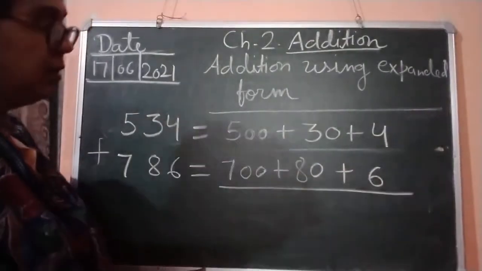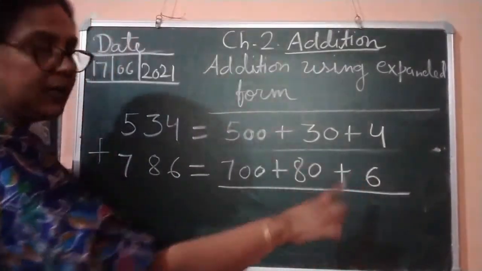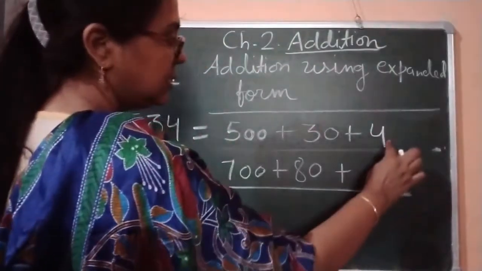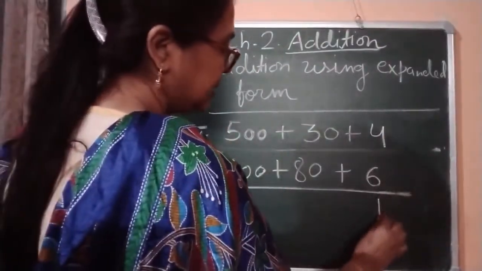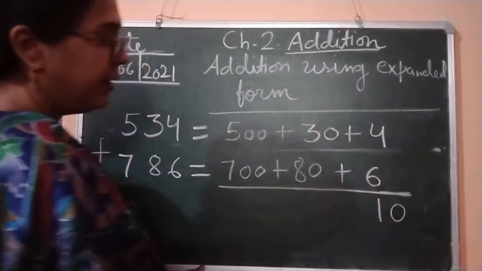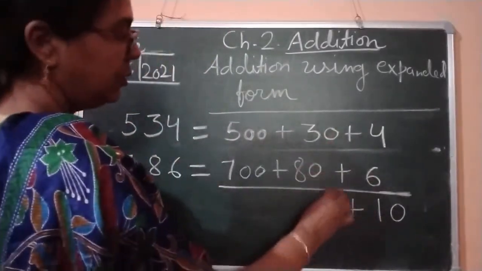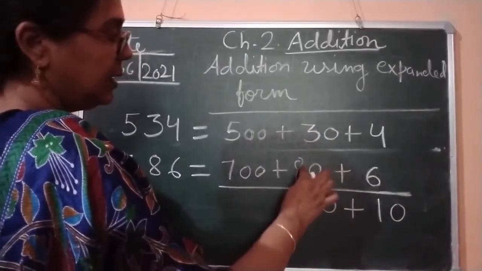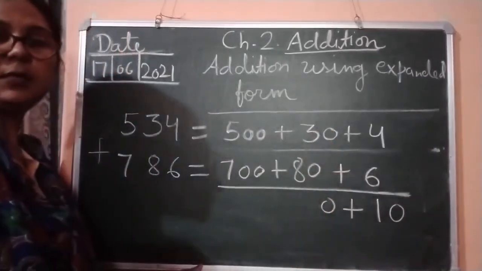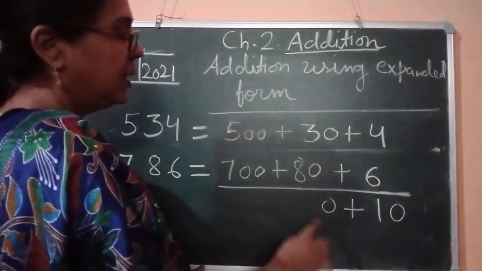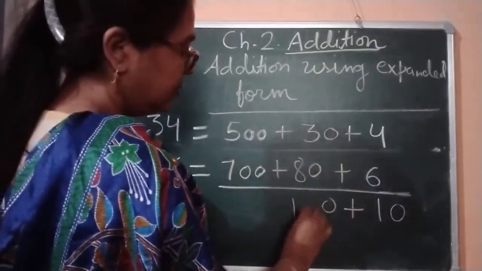First of all, we will start from the ones place. So 6 and 4 is 10. Now plus 80 and 30, that is 110.